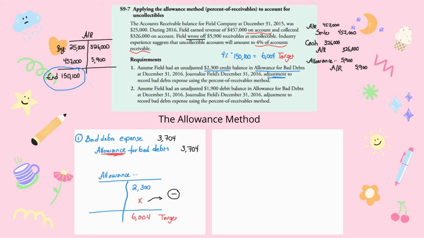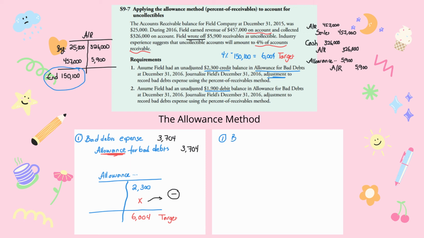Assume Field had an unadjusted 1,900 debit balance in the allowance for bad debts at December 31st, 2016. Journalize the adjusting entry to record bad debt expense using the percent of receivables method. So again, the adjusting entry using the allowance method will not change.